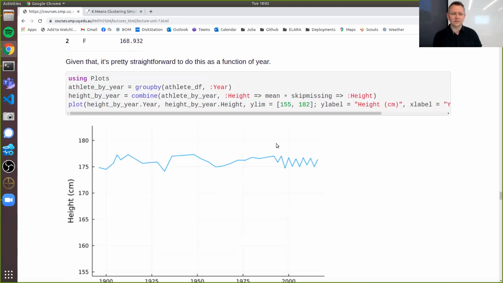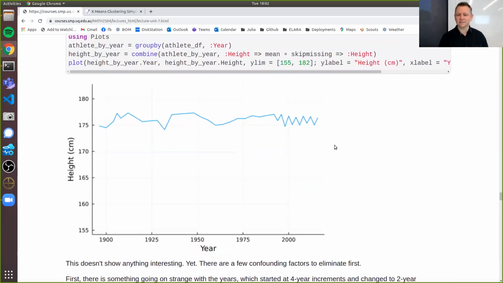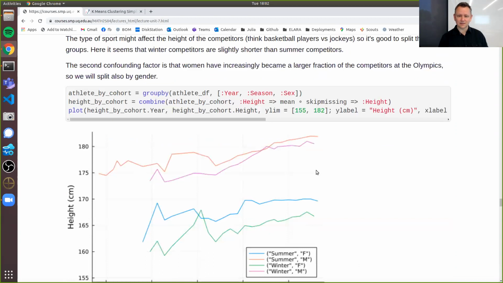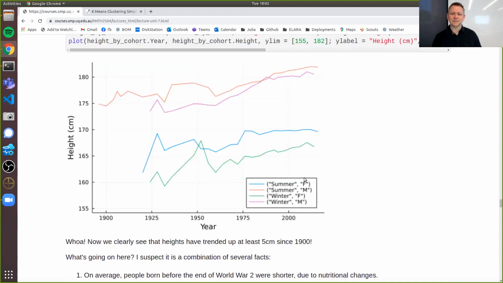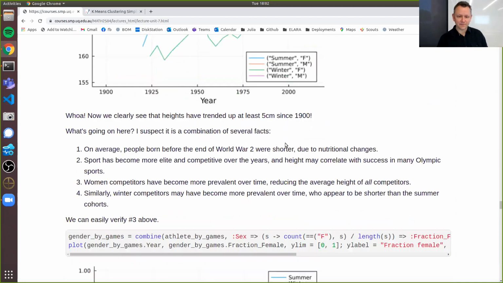So if we looked at the total data set, the height of athletes was fixed. But when we diced it up into cohorts, we could see that actually over the last 100 years, athletes competing in the Olympic Games have trended to be 5 centimeters taller.